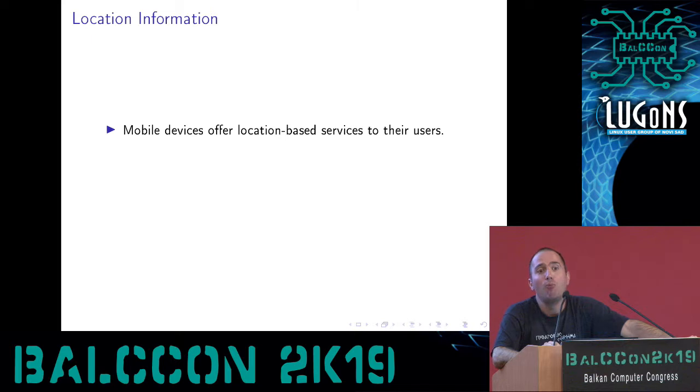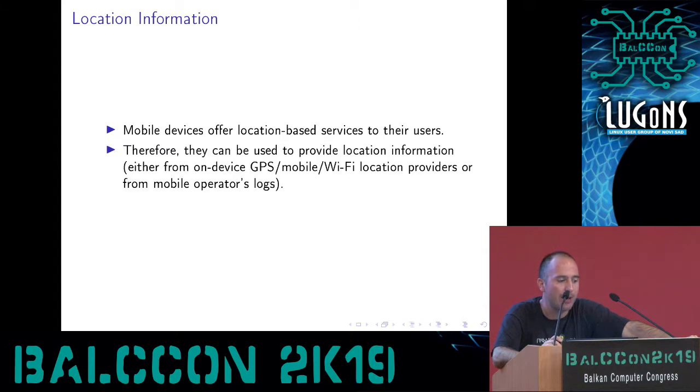Mobile phones are mobile, so they usually offer location-based services to their users, and that is information that can be used in forensic investigation. I'm not sure that all of you are aware, but if you make a photo or video using your mobile phone, it can store the exact location where that photo was taken, if you didn't turn off that option in settings.